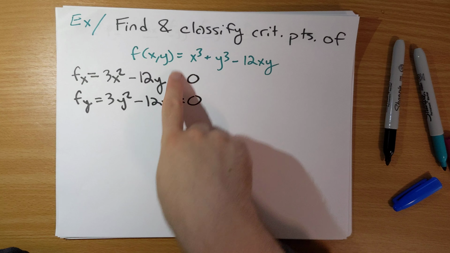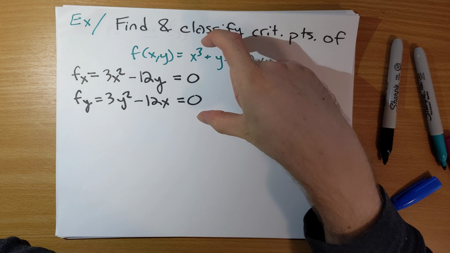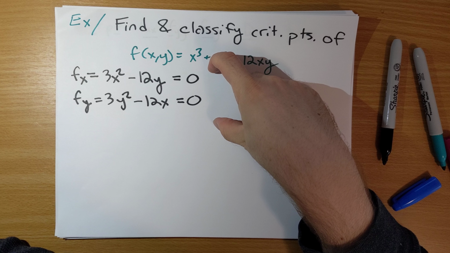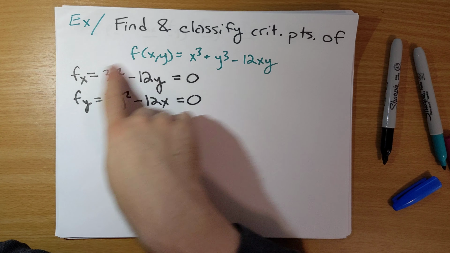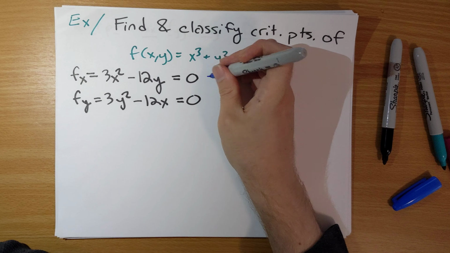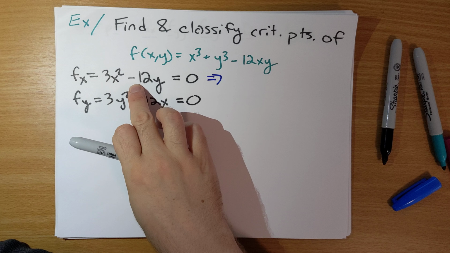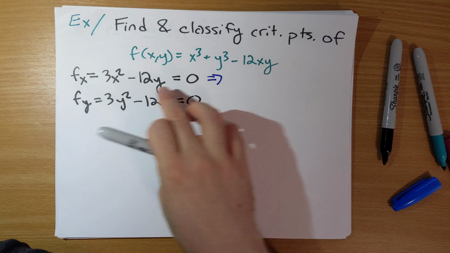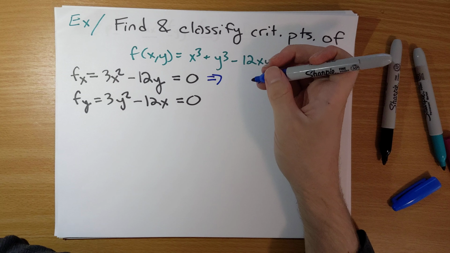Okay, so the reason I'm doing this example here is to show some of the different tricks that we might need to use in order to solve these systems of equations. So how does this one go? 3x squared minus 12y is equal to 0.